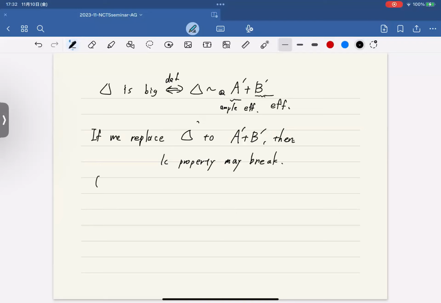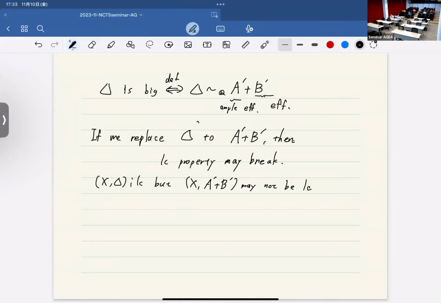So (X, Δ) is LC, but (X, A' + B') may not be LC. This is because we changed the Q-linear equivalence. I see. Thank you.